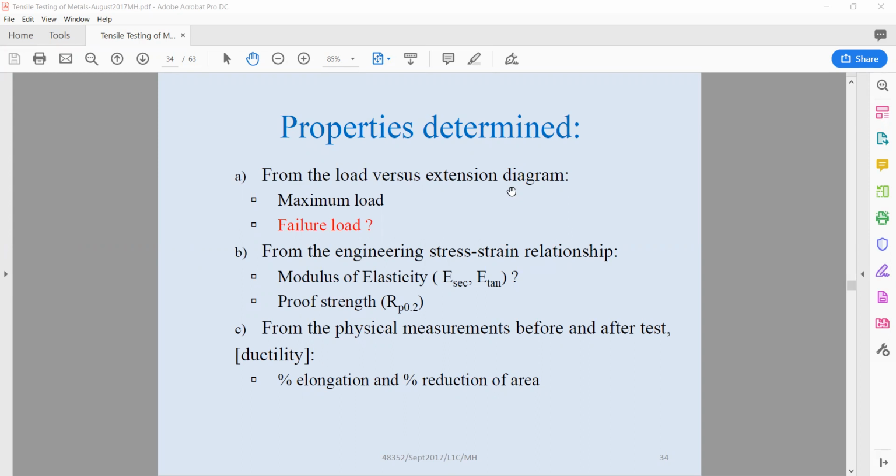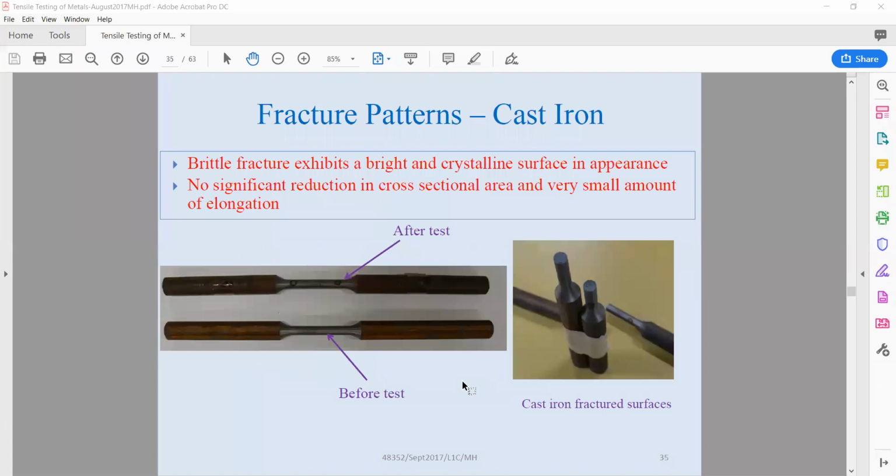What are the properties determined? Maximum load, failure load. From the engineering stress strain relationship, we will find the modulus of elasticity, which is the slope, and proof strengths in terms of cast iron, and the percentage of elongation and percentage of reduction in area as well for ductility.